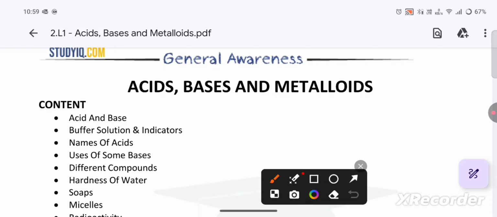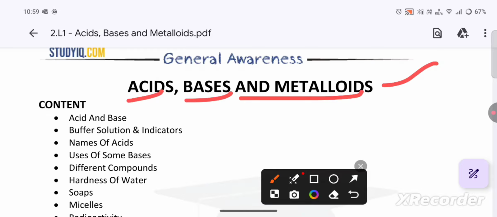In chemistry, acids, bases and metalloids is the first topic we are going to cover. This is the content provided by StudyIQ, and I will interpret the content fully and explain it so that everyone can easily understand it.